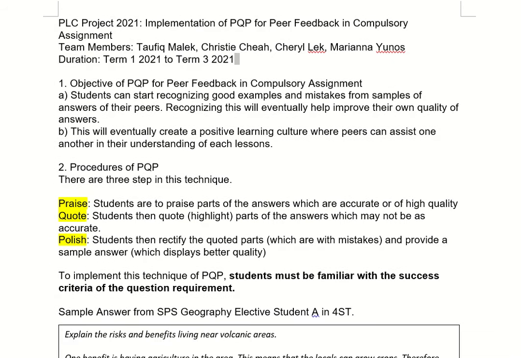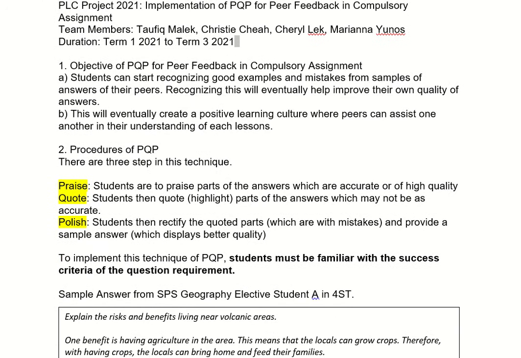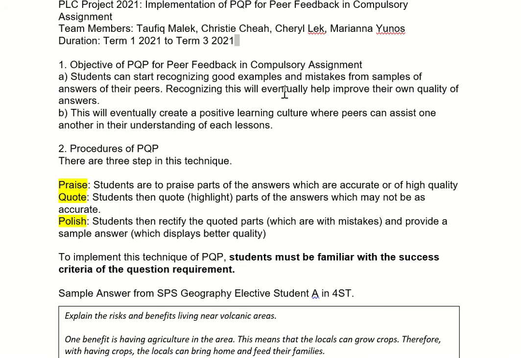I hope you have seen this document. This document was given to you guys last week on what PQP is and the purpose of PQP. So just briefly go through the objectives. PQP is to allow students to recognize good examples and mistakes that they should avoid.